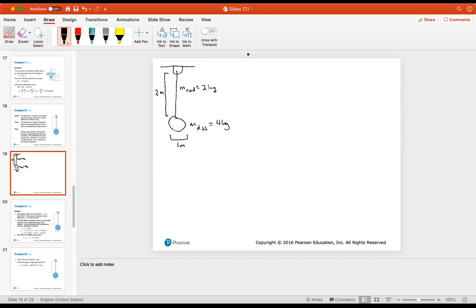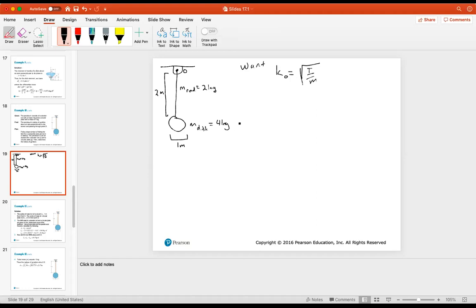All right, and we want the radius of gyration, k. But k is defined to be the square root of I over m. And this is the radius of gyration about the pinned location, so about the point at the top. So if we label that point O, the radius of gyration about point O.